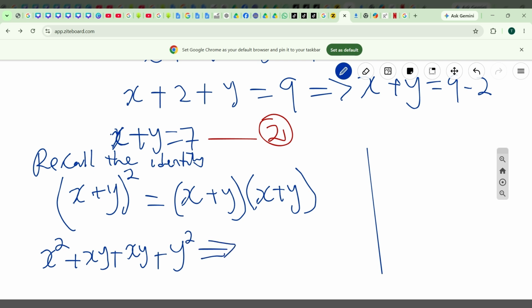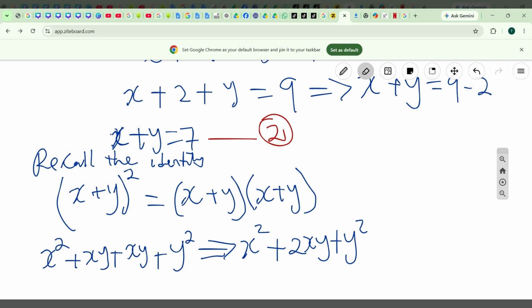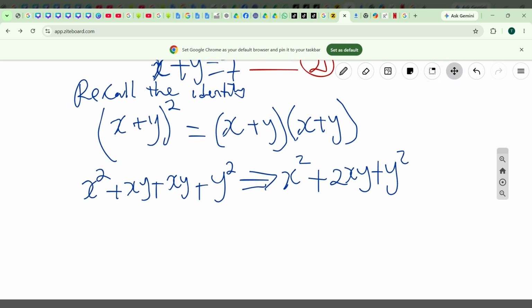This is the same thing as saying x squared plus 2xy plus y squared. And if we proceed further, we have x squared plus y squared, bringing that together.